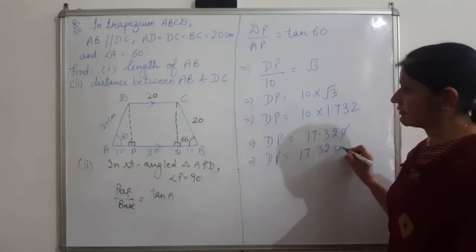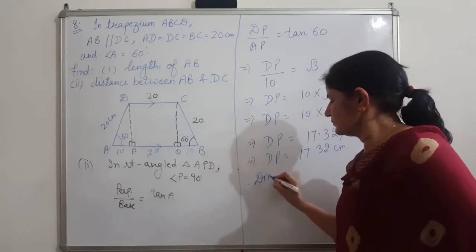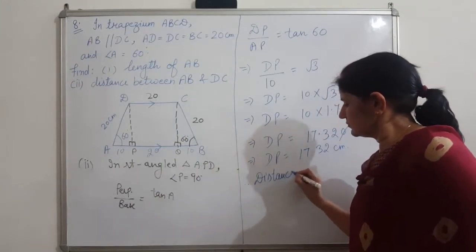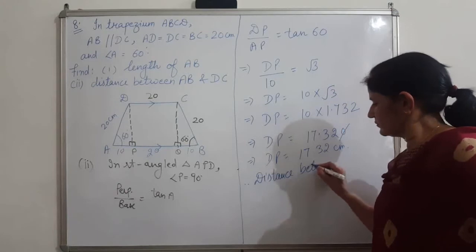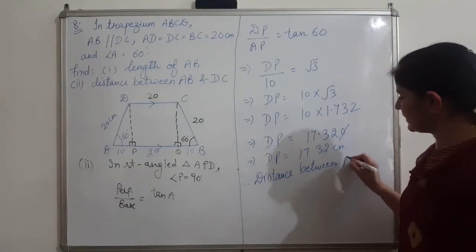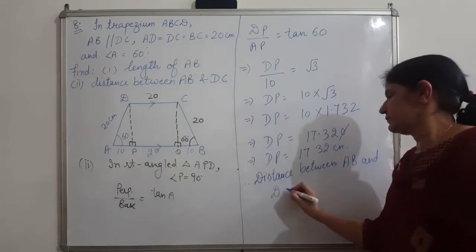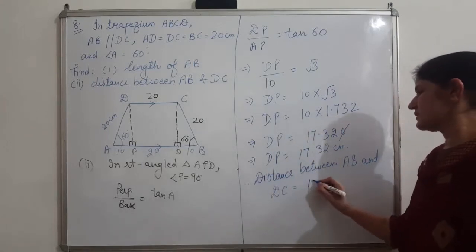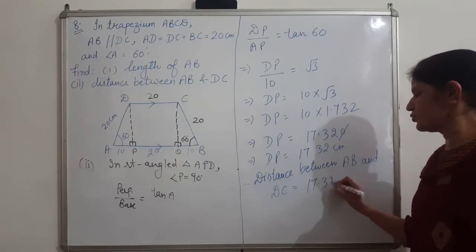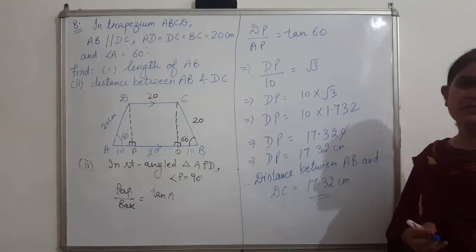You can write at the end, distance between AB and DC equals 17.32 centimeter. This is the answer.